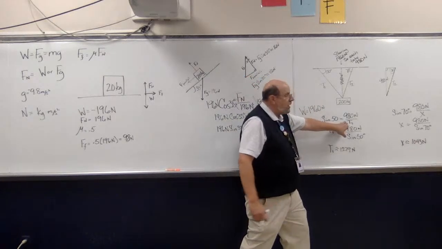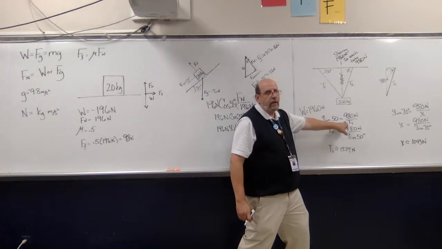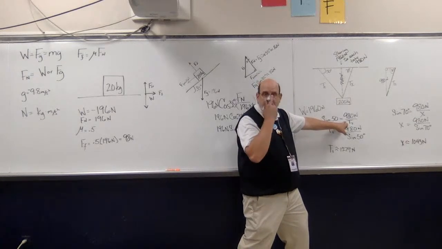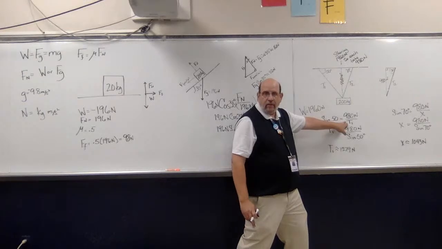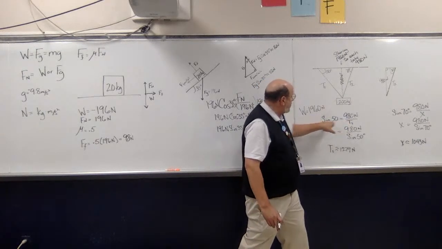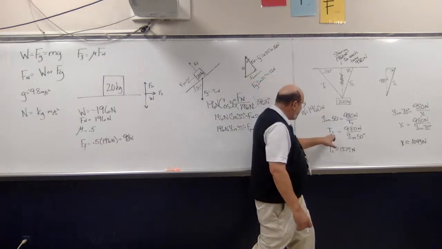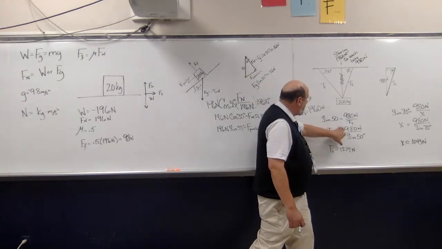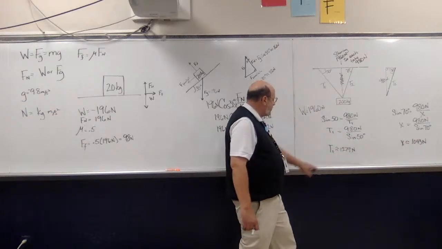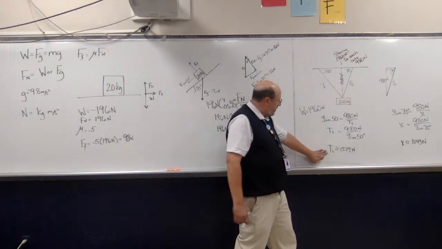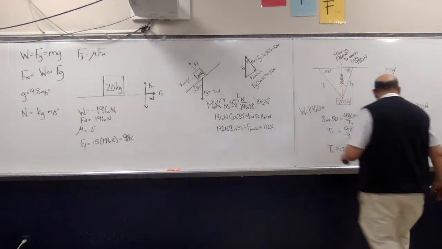Now, in math, I can go through the whole thing. It takes 2 extra steps, and it takes a bit longer. Just know that these 2 things, you can swap them. Through algebra, you can swap them. So T1 is equal to 980 divided by the sine of 50. If you put that into your calculator, you get about 1,275 newtons.